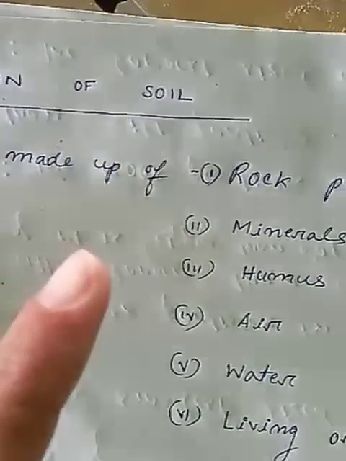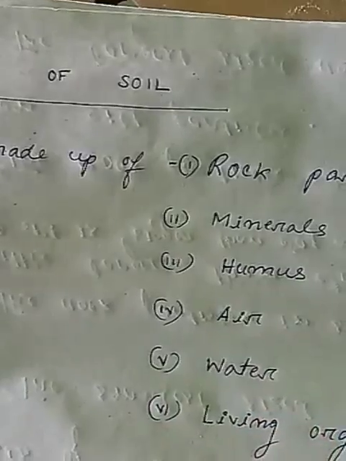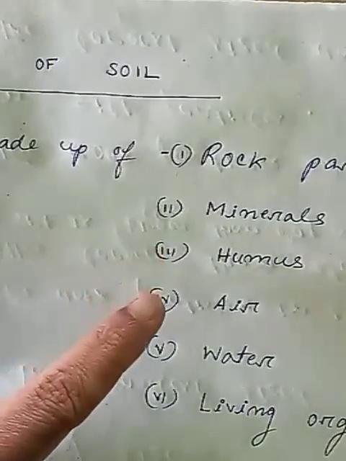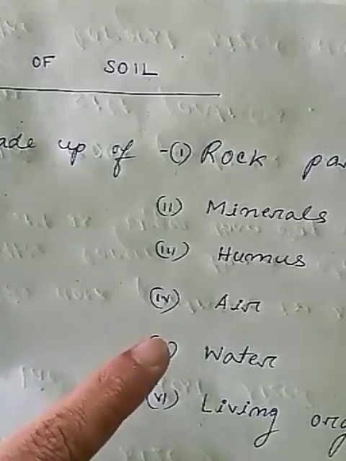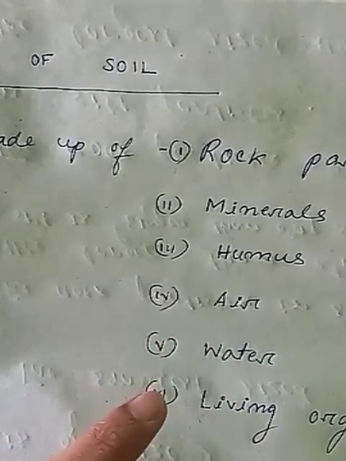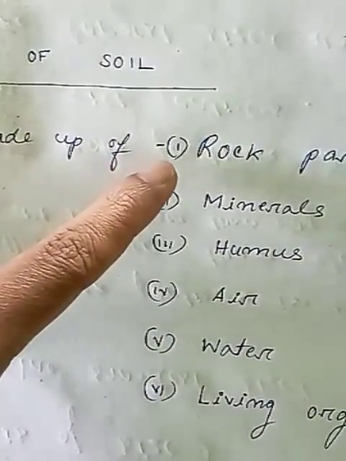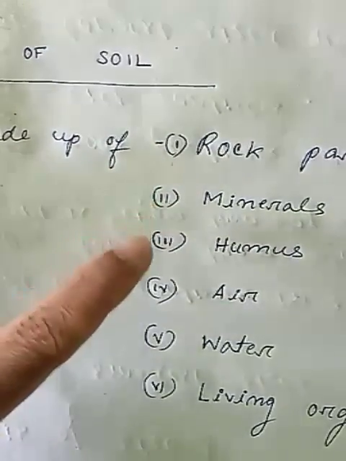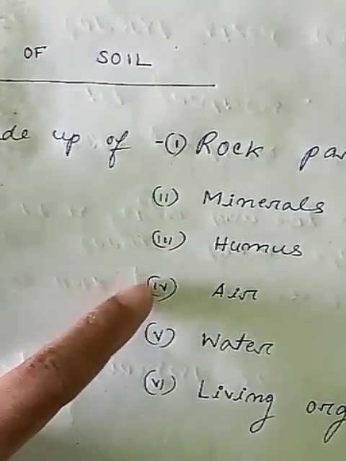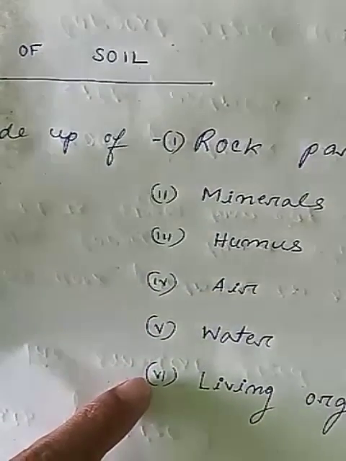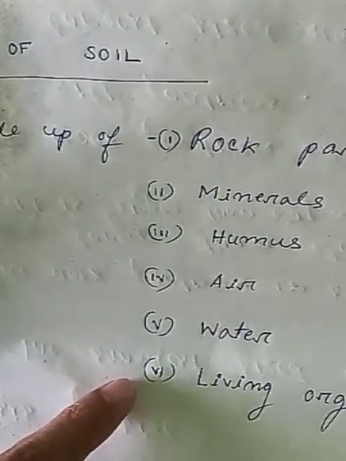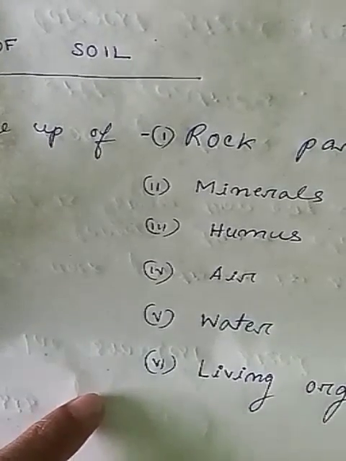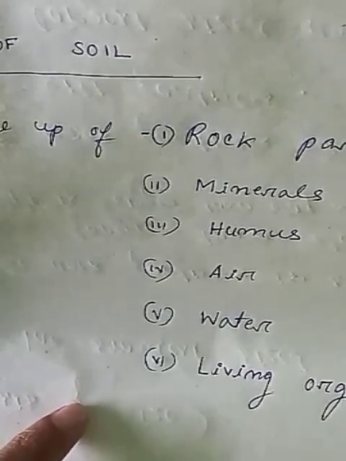Soil is made up of rock particles, minerals, humus, air, water, and living organisms. Rock particles of different sizes, so many minerals, humus, air, water, and living organisms like earthworms, beetles, insects, etc.